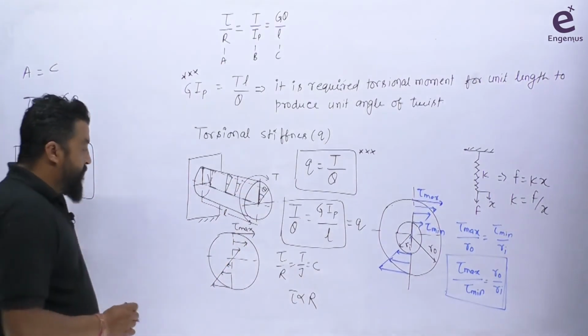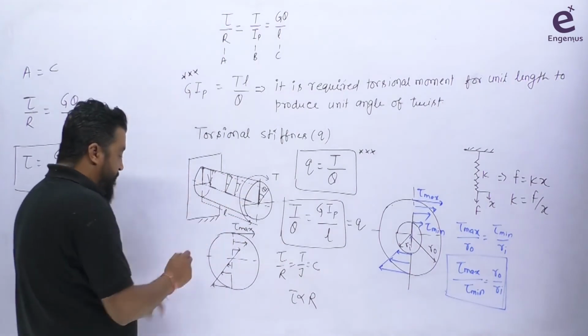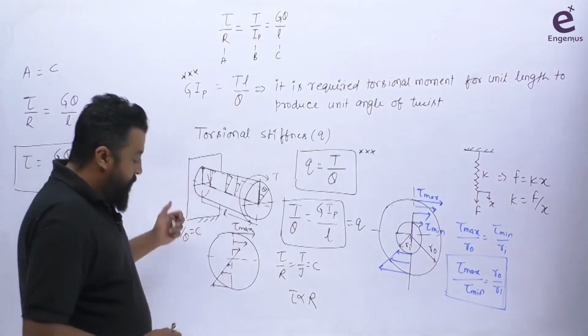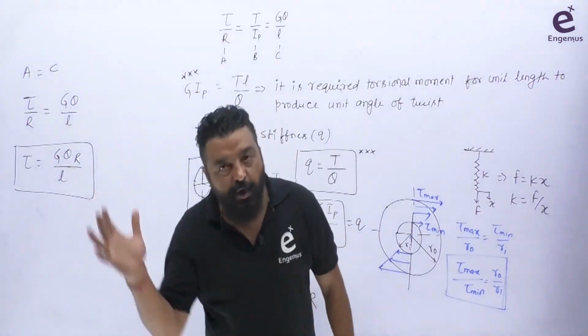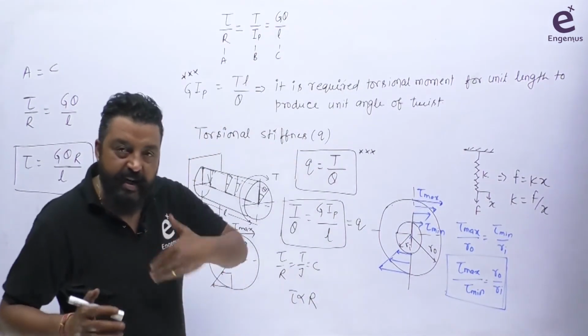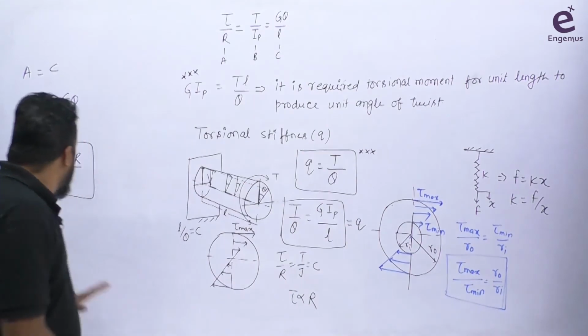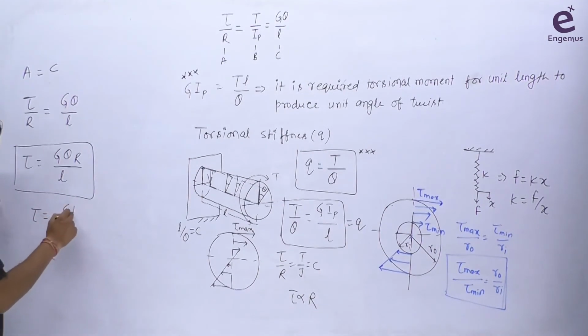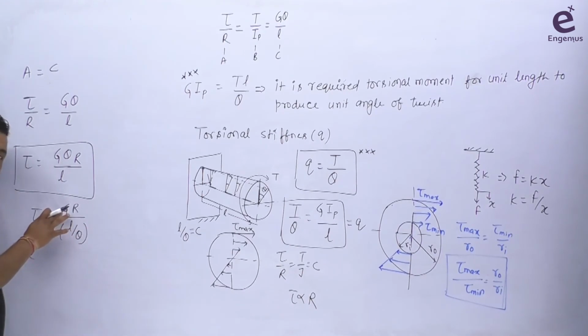So in this case, the term L over theta is actually a constant term, because as L increases, theta also increases. So this term is a constant term, and you can say tau is GR divided by L by theta. This is a constant term, and for a material, this term is also fixed.